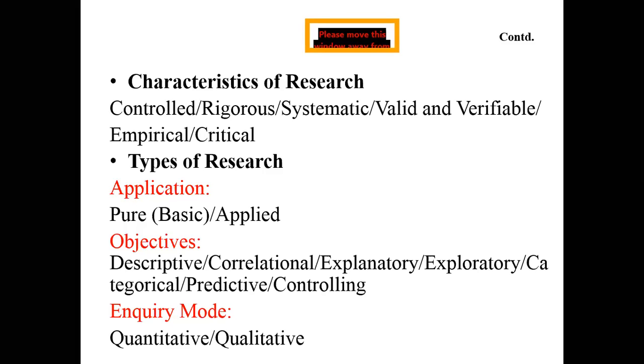So applied research is, for example, now for COVID, the scientists, virologists, are trying to make a vaccine. So they are doing applied research because the end product would be a vaccine that would improve the quality of life. Similarly, the people who are working on the screening tests are also doing applied research.